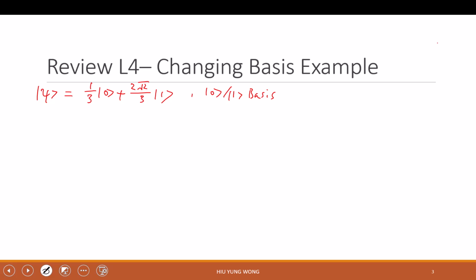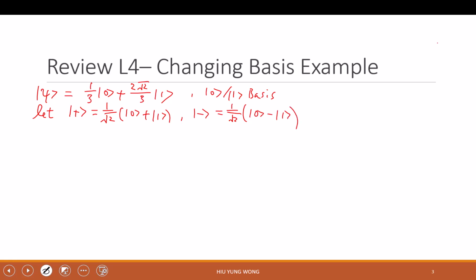Okay, now this is given, right? Let me say, okay, I have a state plus equal to 1 over square root 2, |0> plus |1>. We discussed in last lecture, last week, right? Minus equals to 1 over square root 2, |0> minus |1>.